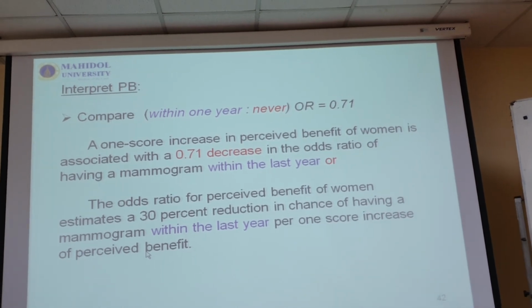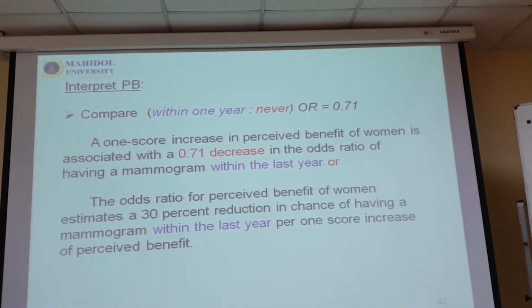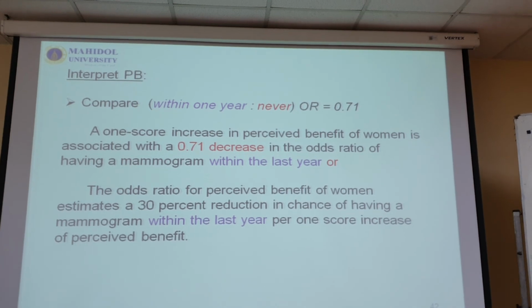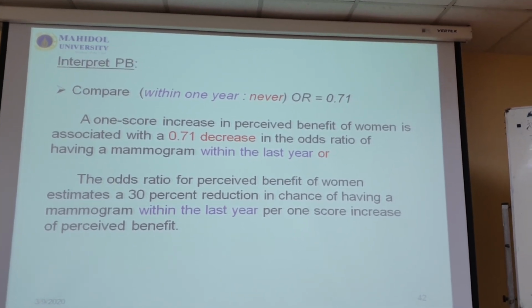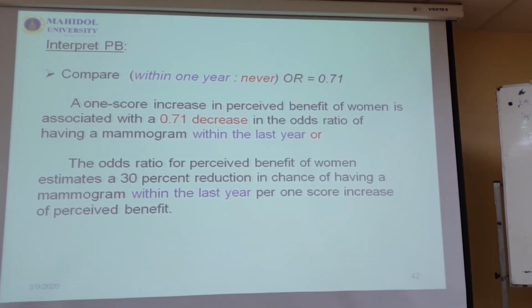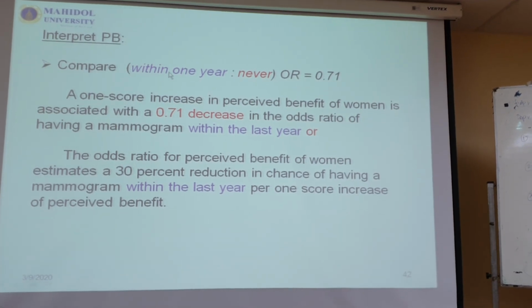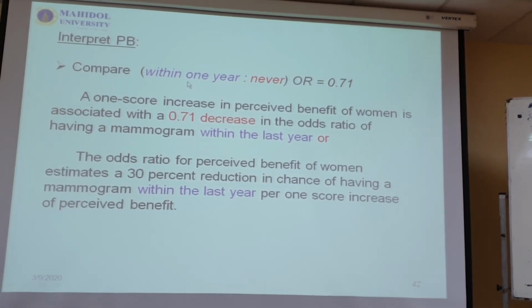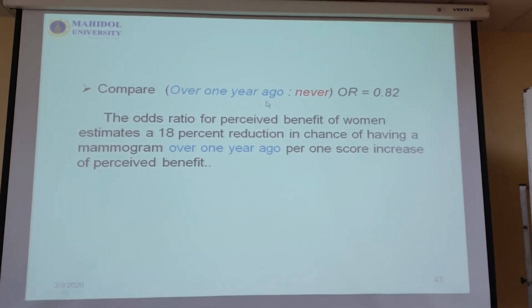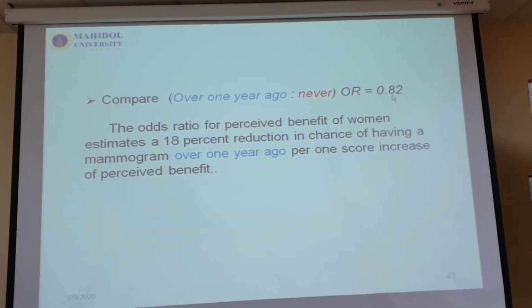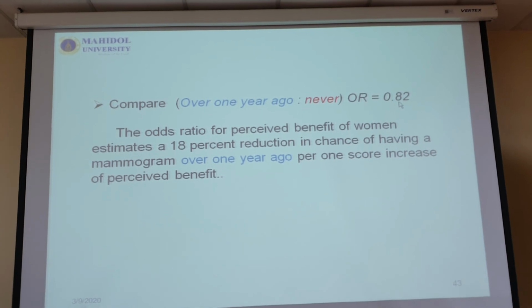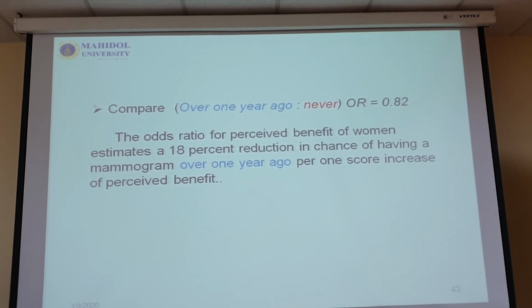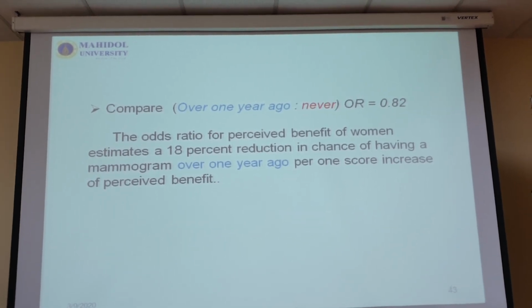So we just interpret in the same pattern that we did before. This is because our odds ratio is less than 1. This is for within 1 year compared to never. We got the odds ratio 0.71. And what about over 1 year and never? We got the odds ratio 0.82, a different number. So we interpret in the same pattern.